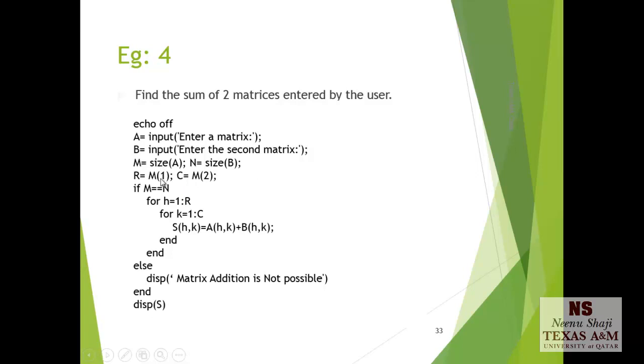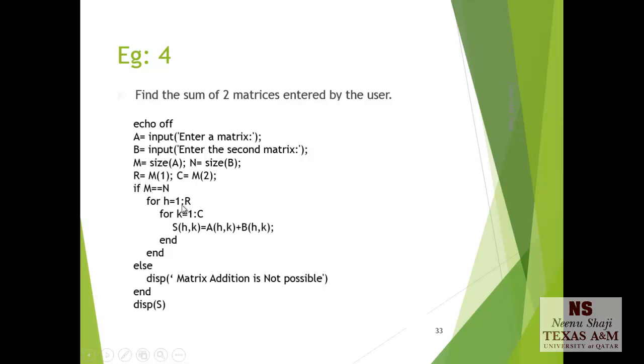Then R is m of 1 and C is m of 2. So the number of rows is the first element in m, and C would be the second element, which is m of 2. Now if m and n are both equal, that means the sizes are equal.